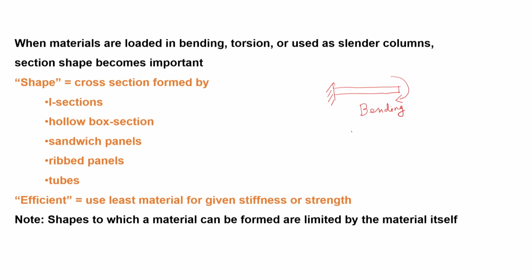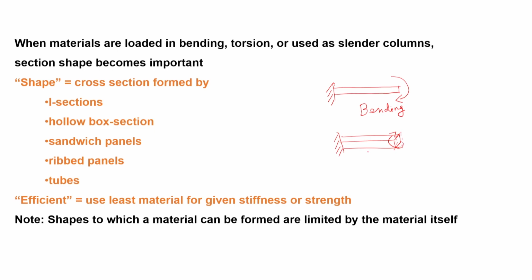Another possibility is that, again, another type of a cantilever section which is subjected to not out of plane, but in plane torsion. Okay. So, that this cross section would get distorted, the in plane torsion.